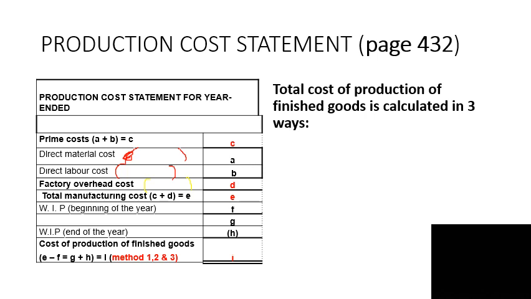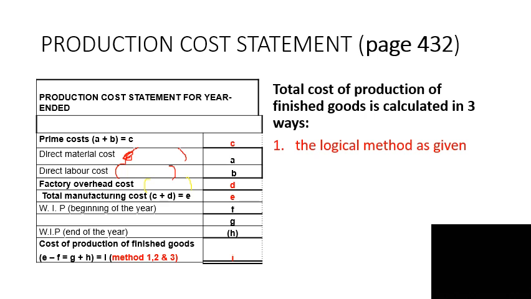The first method, which I call the logical method, is the normal production cost statement, where we say prime cost plus factory overhead cost is equal to total manufacturing cost. Total manufacturing cost plus opening stock of work in process minus closing stock of work in process will give us cost of production of finished goods.